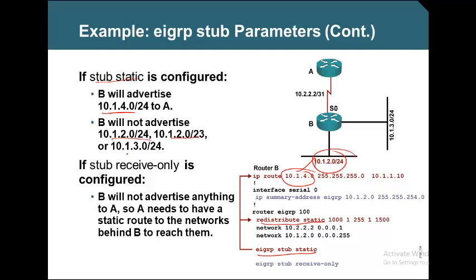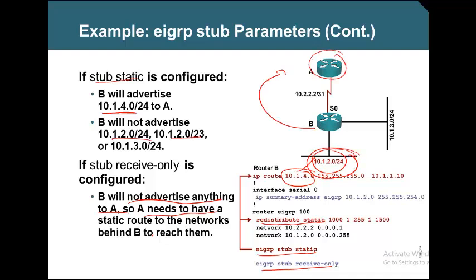And then when we say EIGRP receive only, B will not advertise anything to A, but whatever A gives, it will learn. So if B doesn't advertise, how will A reach this network? We need to write a static route pointing towards B to reach this.